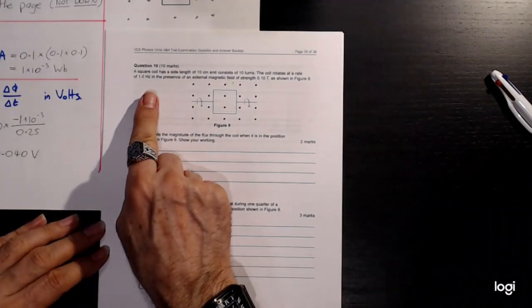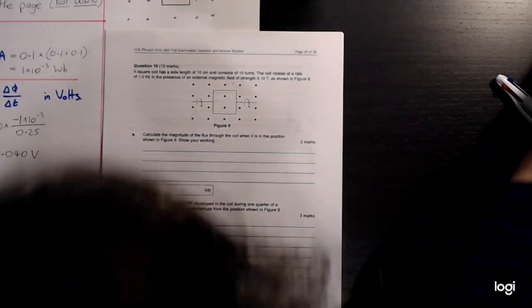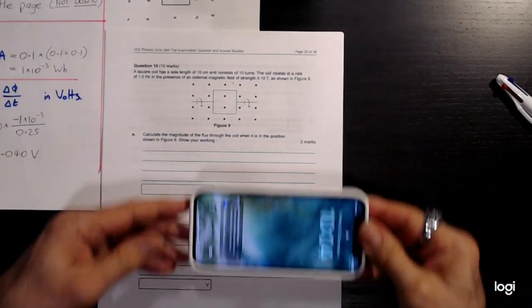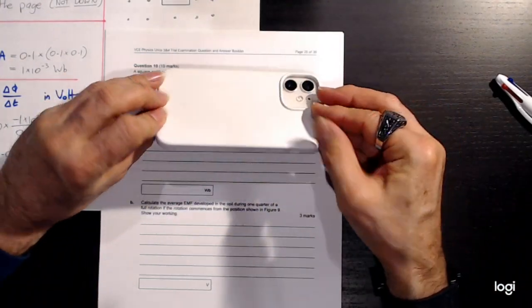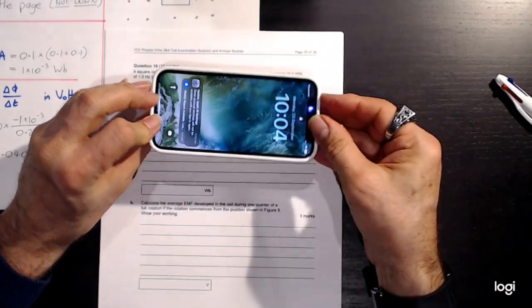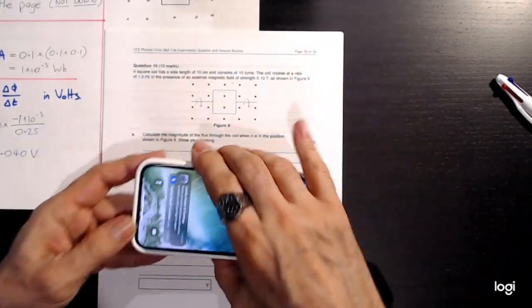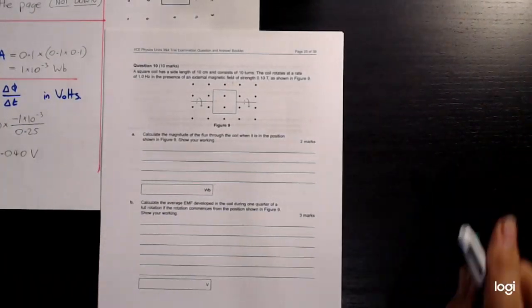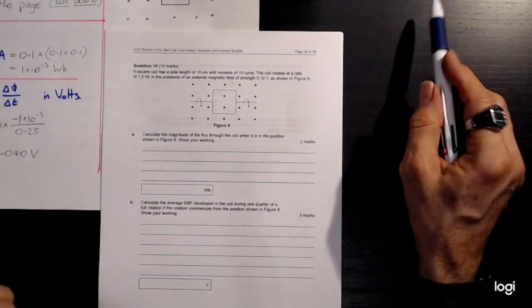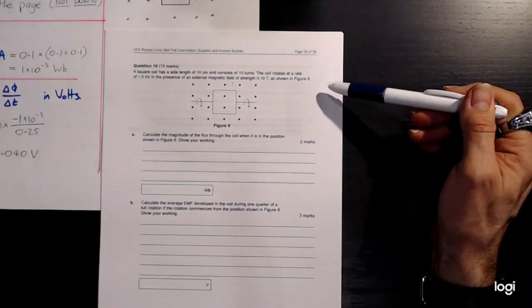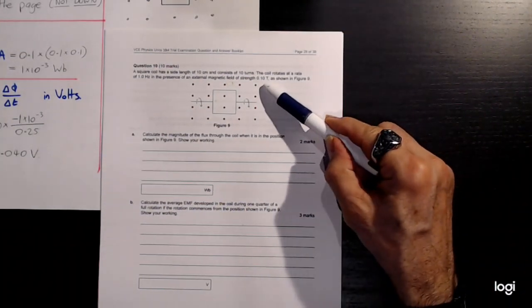Now that means 1 complete turn in 1 second, right? That means not that, but all of that, right? From there to there in 1 second, right? Be aware, it's a full turn. It's not just a flipping over. All right. Magnetic field strength they gave you there. All right.